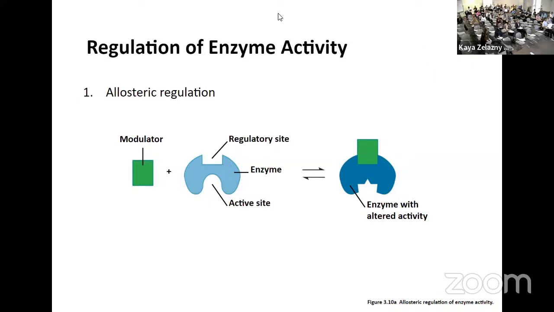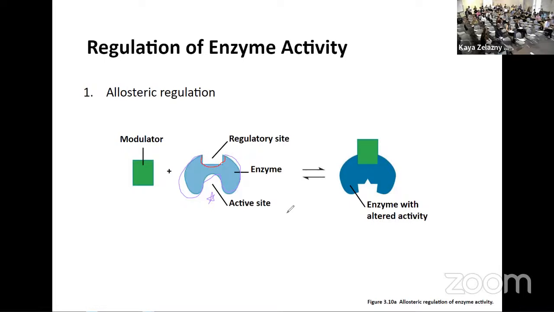So in allosteric regulation, we have our enzyme. We have our active site that we've been talking about. So that's where our substrate would go, right here in this active site pocket. But what we also have is a separate location somewhere else on the enzyme that acts as a regulatory site.